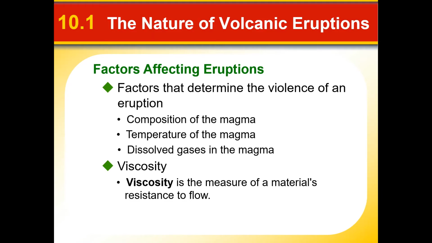So the more silica the magma contains, the more chains that it makes, and therefore it results in a very high viscosity magma. Okay, so the more silica, the more viscous it is, and the more it resists an easier flow.